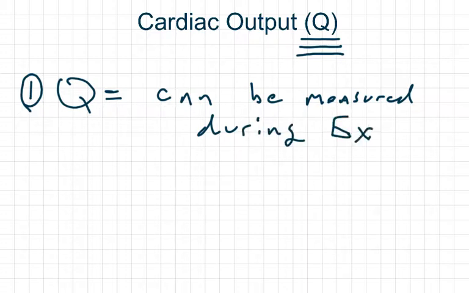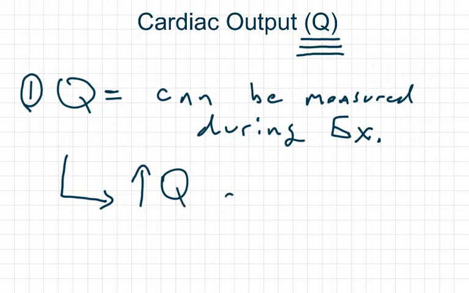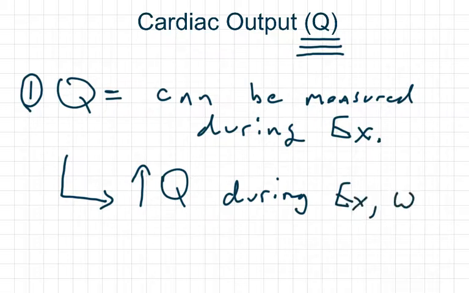And with this measurement, if we see increases in Q during exercise, we can essentially measure how much blood is going to the working muscle.